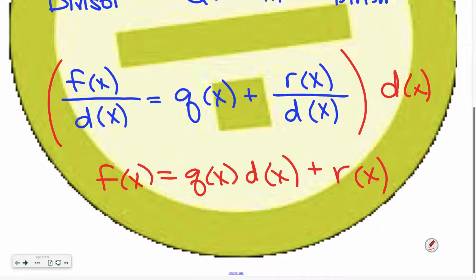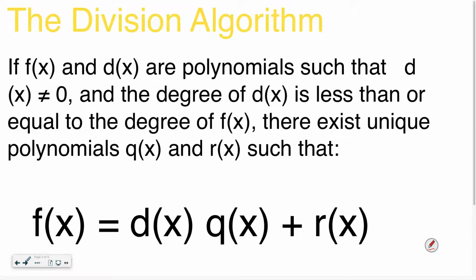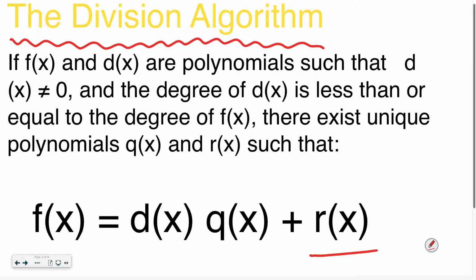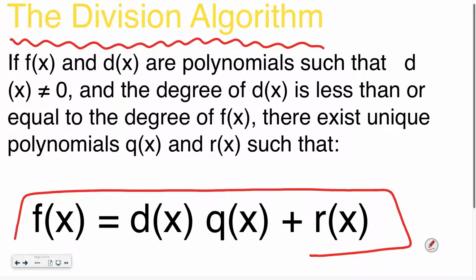Okay? This is what we call, do you have the blue written down so you know where it's coming from? This is what we call the division algorithm. And what I want you to do, I want you to write the division algorithm. Don't write any of this garbage down. We talked about it. They're polynomials. We know they're polynomials. I just want you to write that the division algorithm is this that we just rearranged.